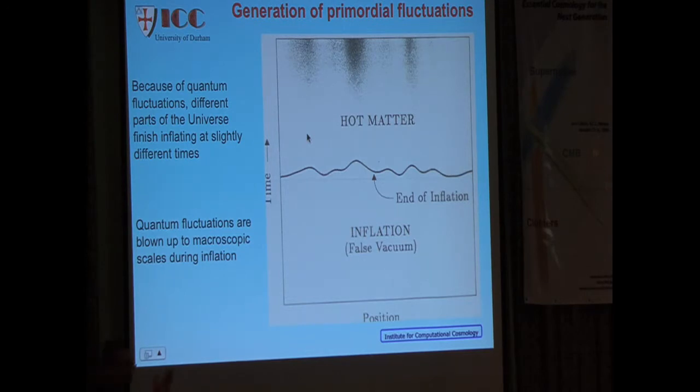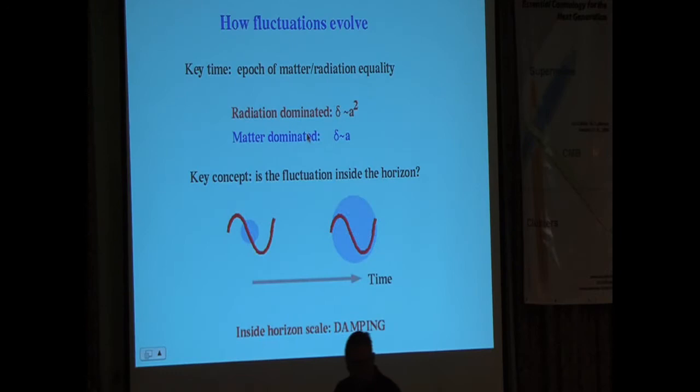Also, because these are quantum processes, the phases are uncorrelated, and so the distribution of amplitudes of these fluctuations is Gaussian. Then as the universe inflates, these fluctuations are blown up to macroscopic scales. They extend beyond the horizon, and then eventually they come back inside the horizon.